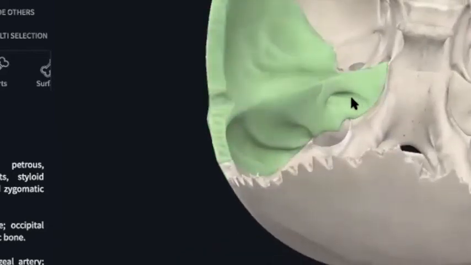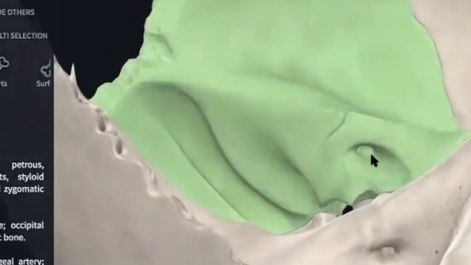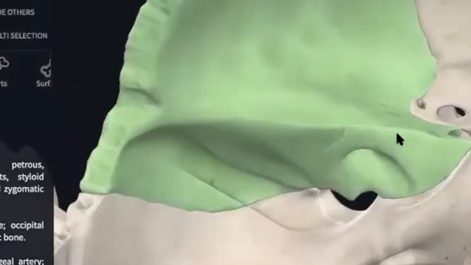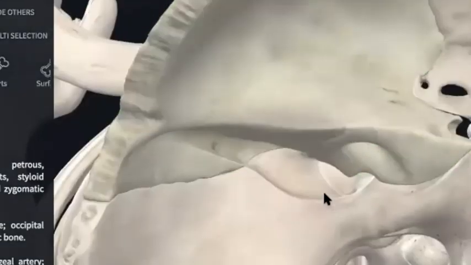And then right over here, you have what's called your internal acoustic meatus. Meatus means some kind of passageway. This is where your auditory nerve is going to enter into this canal and innervate your inner ear structures. So that's your petrous portion, your squamous portion, and then you also have your internal acoustic meatus.